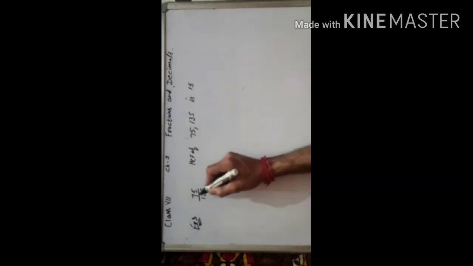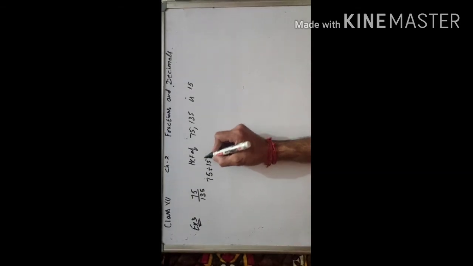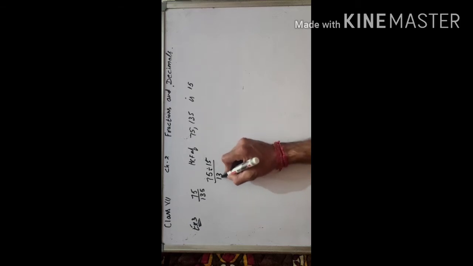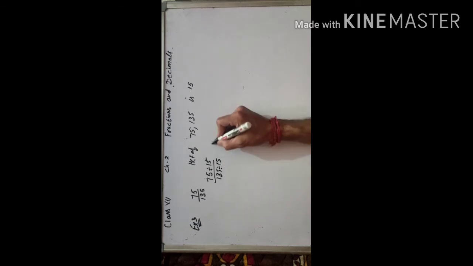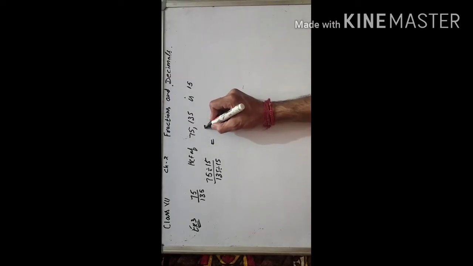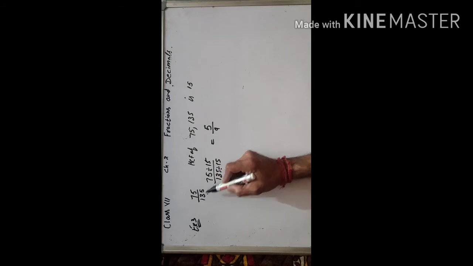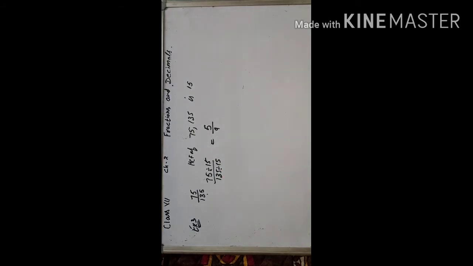So we have to divide the numerator and denominator by 15. 75 divided by 15 is 5, and 135 divided by 15 is 9. So the simplest form of 75 by 135 is 5 by 9.